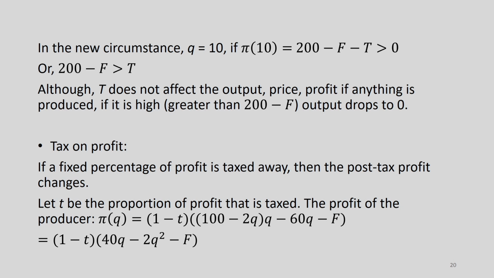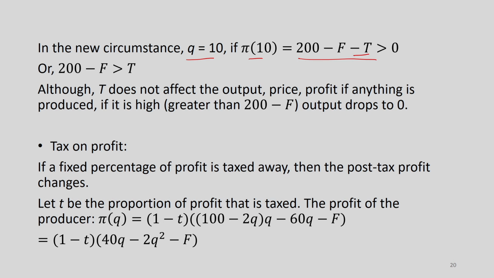In the new circumstance, if Q is equal to 10, that is the optimal quantity that has remained the same, the profit is given by 200 minus F then minus T. So this has to be greater than 0, that we have seen.